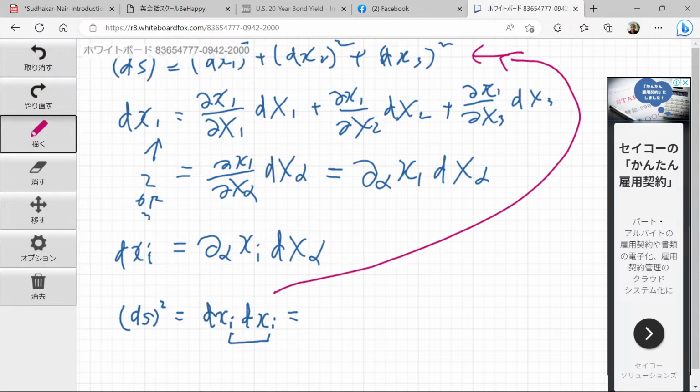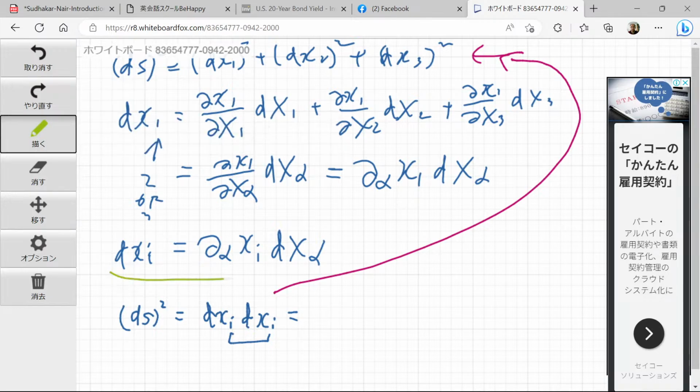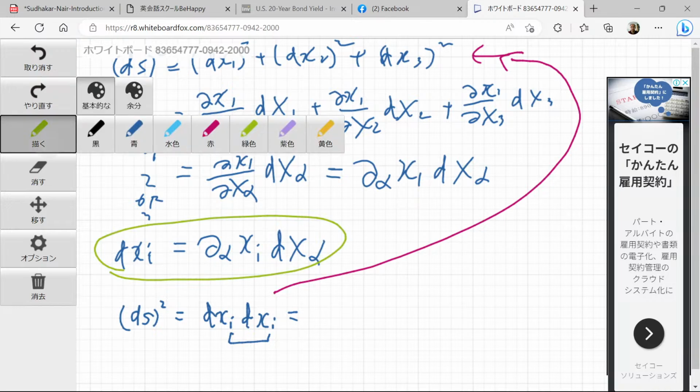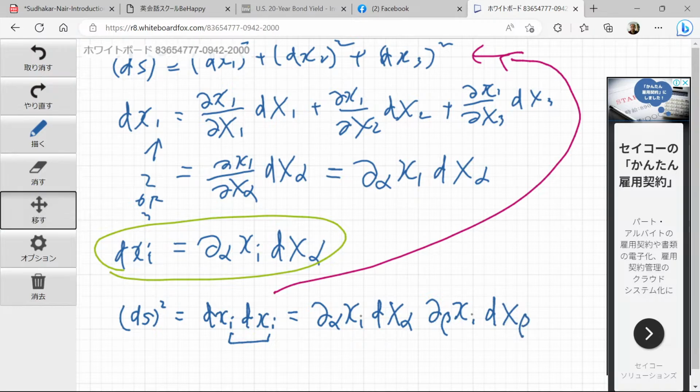So then you use this one, just one above. Then you have to change alpha and beta. Partial xi partial X alpha dX alpha, partial xi partial X beta dX beta.